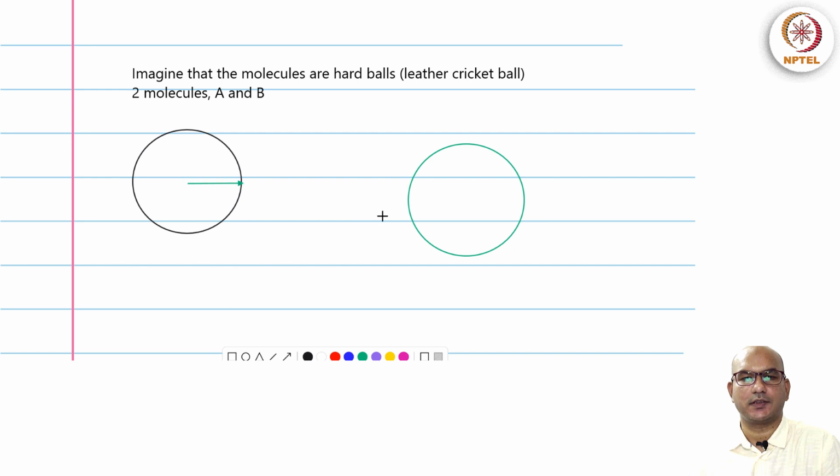So this is, let's term this RA, and let's term the radius of this as RB.